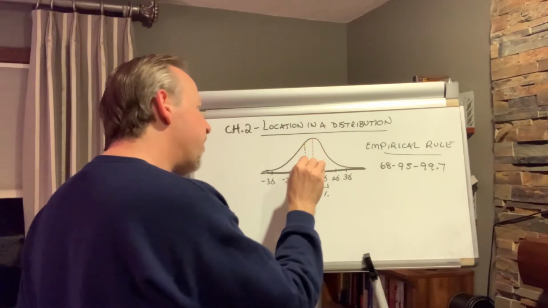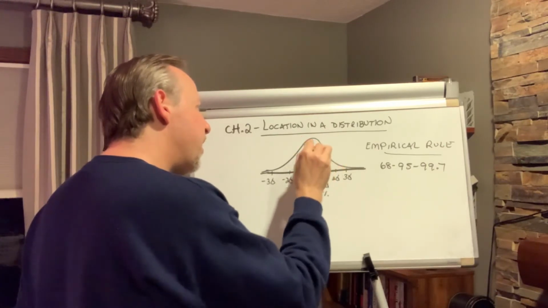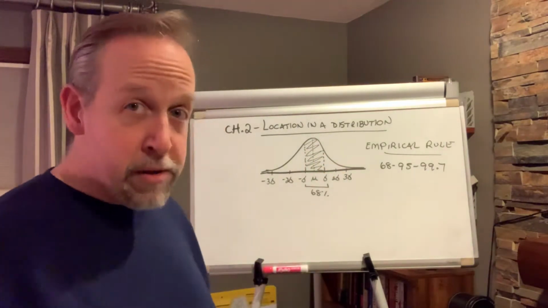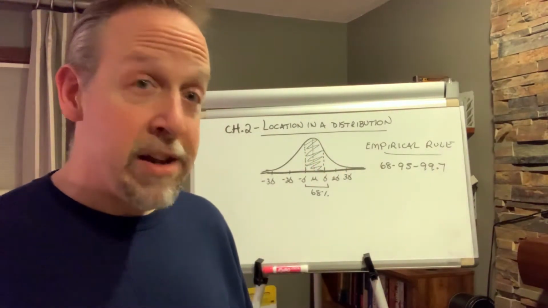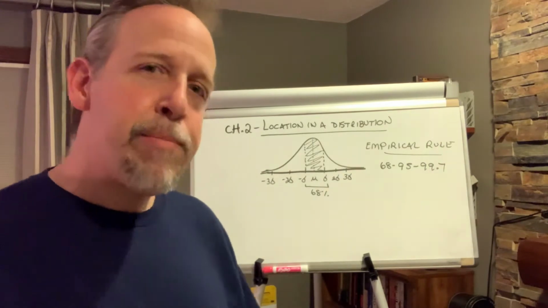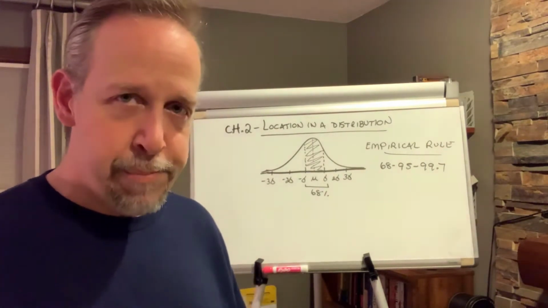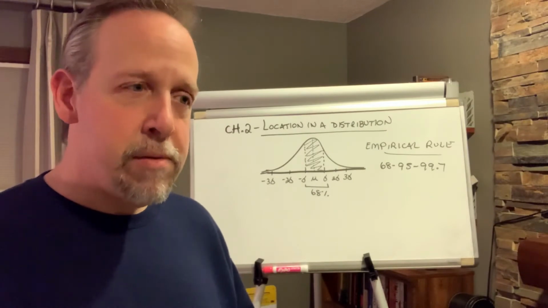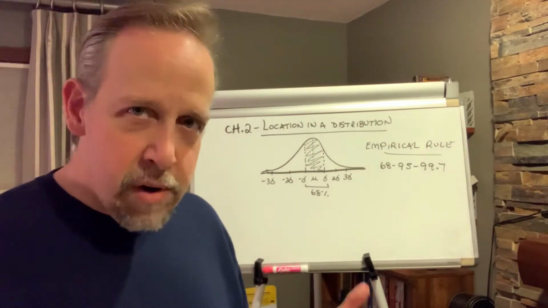Now that's a lot of our data, but take a look at it. It's all this in here. The tallest part of the curve obviously contains the greatest area, and area is percent of data contained. So within 1 standard deviation below and above our mean is the vast majority of our distribution.